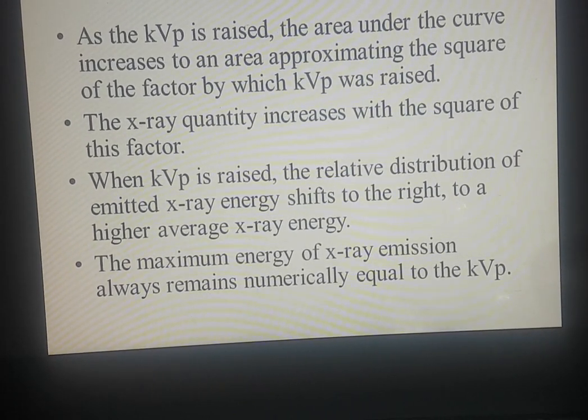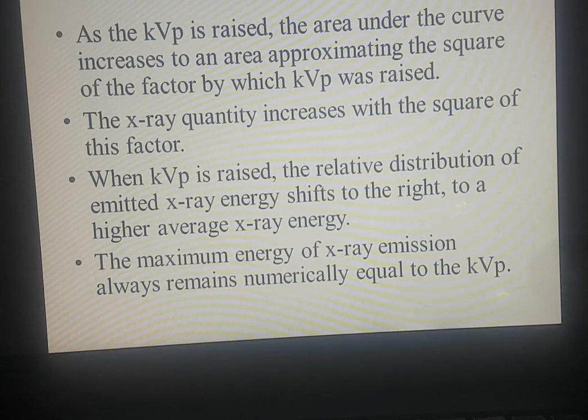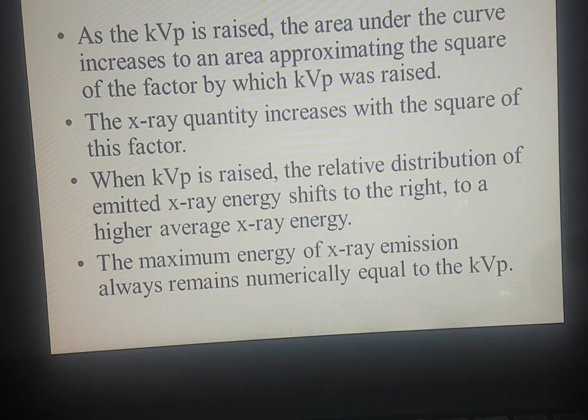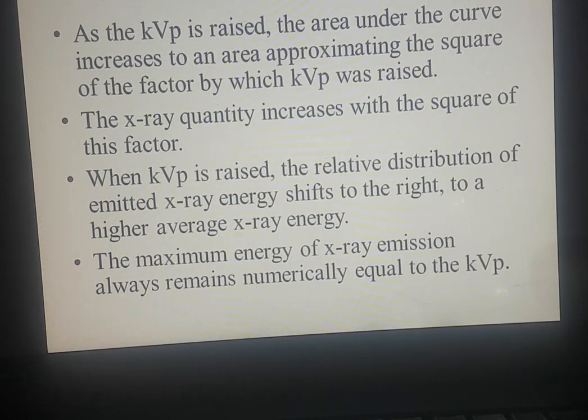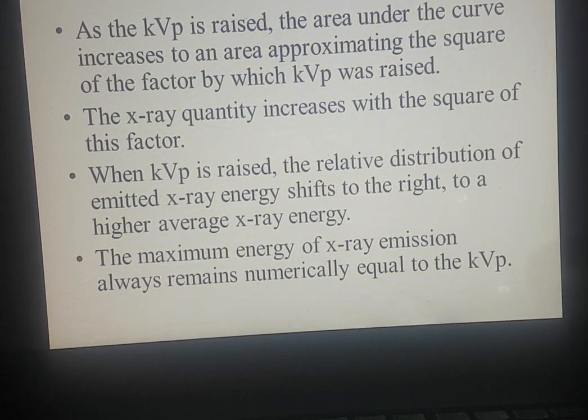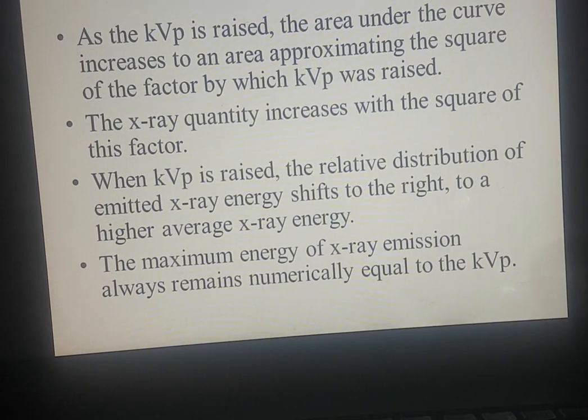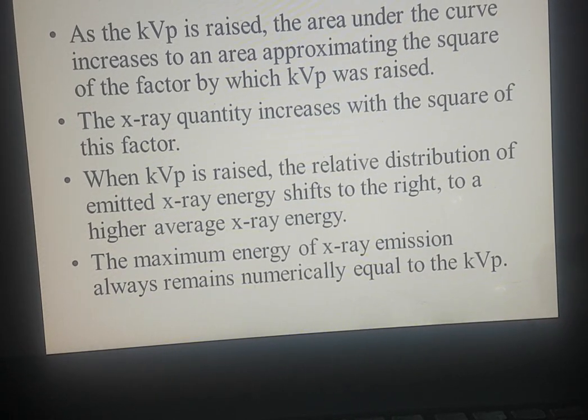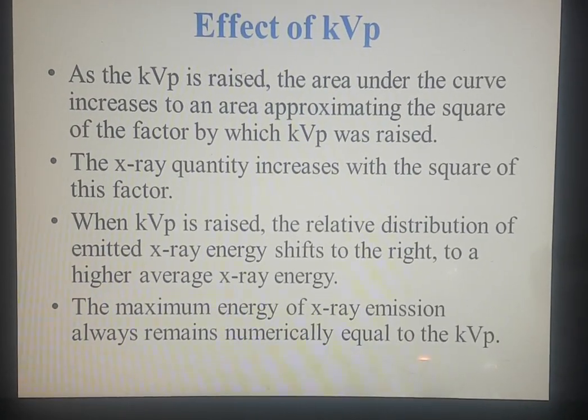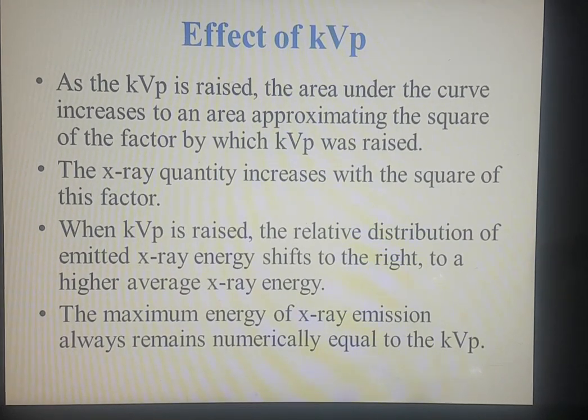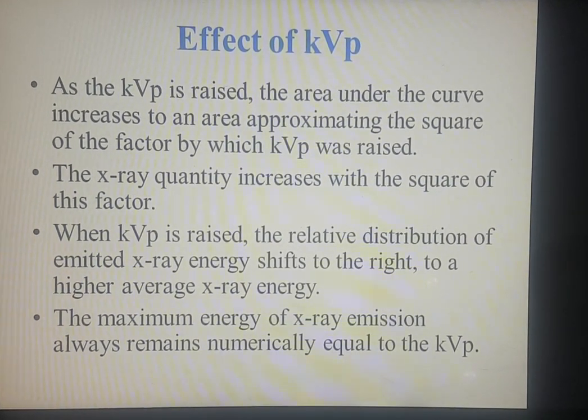A change in the KVP has no effect on the position of the discrete X-ray emission spectrum. Remember that. That's because in a tungsten target, no characteristic radiation can be produced when KVP is less than 69.5 kiloelectron volts.